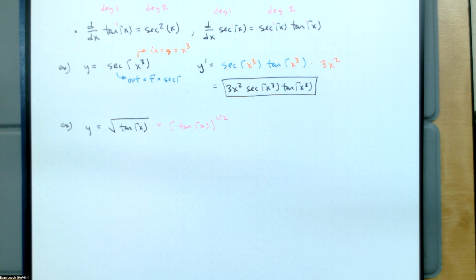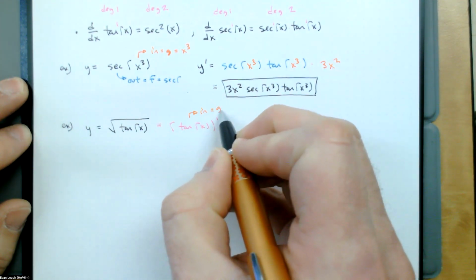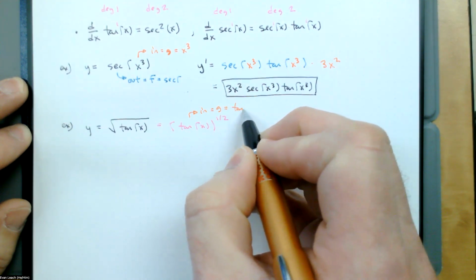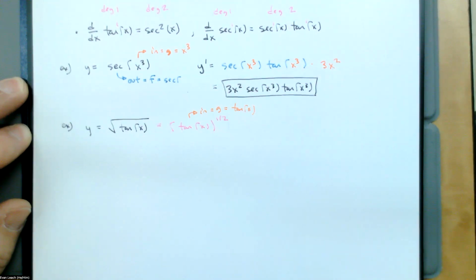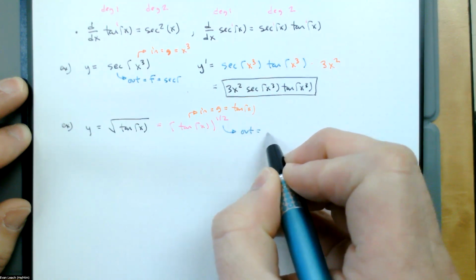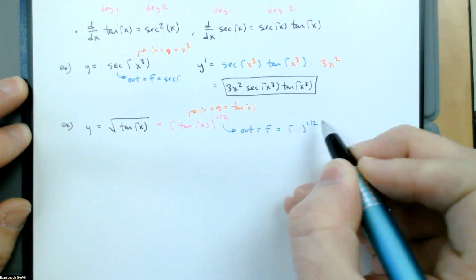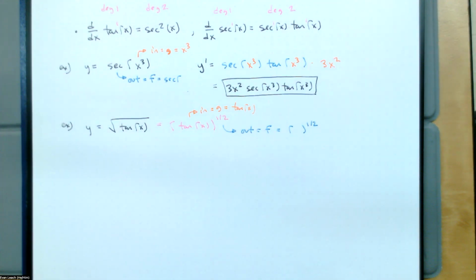And then we want to use our mad chain rule skills that we've been working on for almost 24 hours now and say that the inside function, our g, is tangent x. And our outside function, our f, is stuff to the 1/2 power. The reason I'm writing stuff to the 1/2 power is this is one of our favorites. It's an nx to the n minus 1.